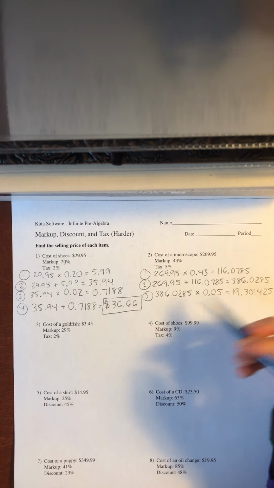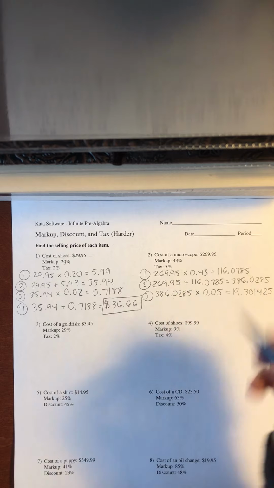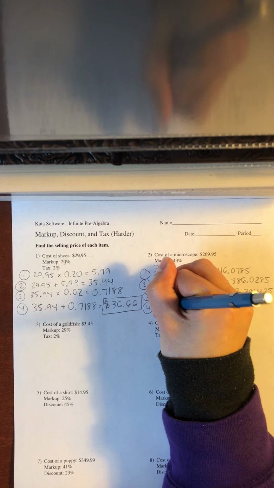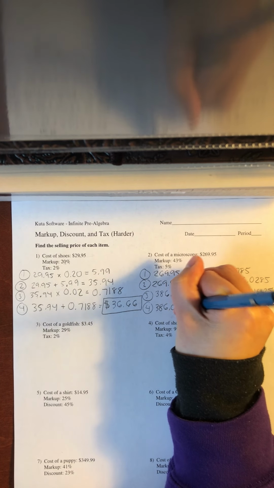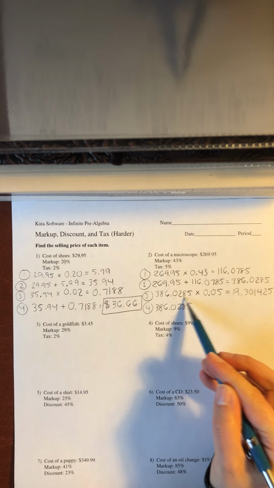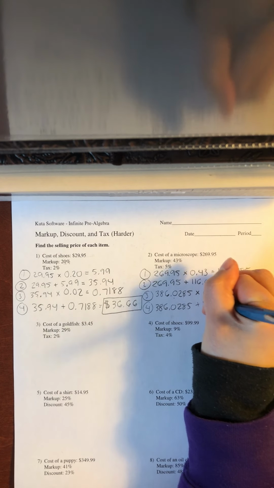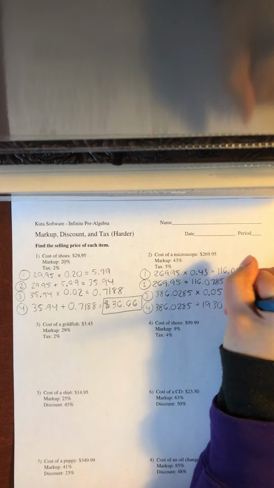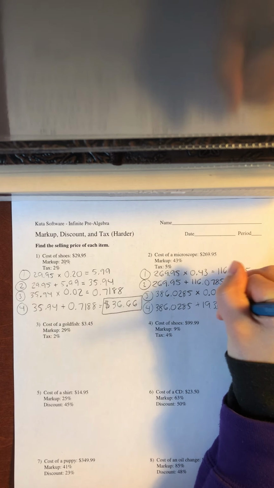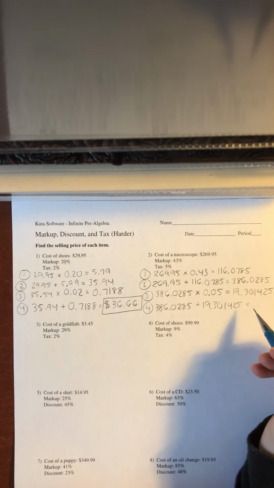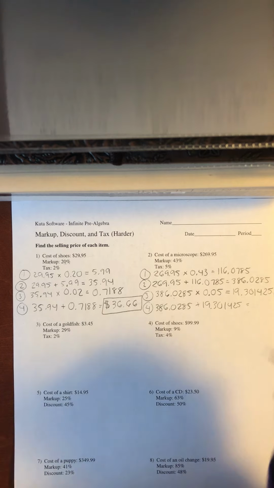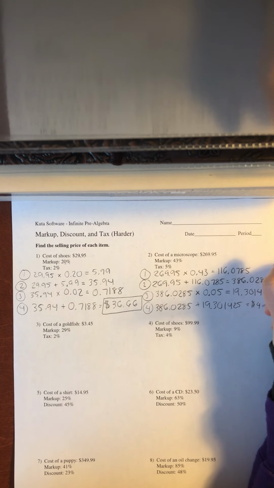So now we have to add that tax onto the cost of the microscope. So 386.0285 was the cost of the microscope, plus the tax, 19.301425. When you add these two numbers and you round off to the nearest hundredth place, you will get $405.33.